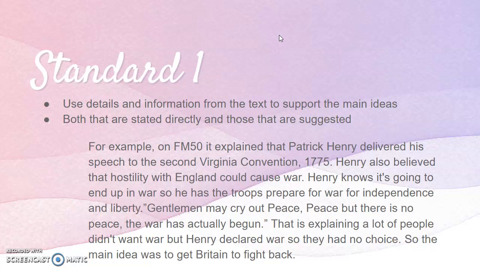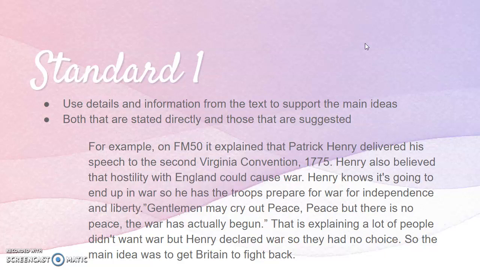So, for example, on FM 50, it explained that Patrick Henry delivered his speech to the Second Virginia Convention in 1775. Henry believed that hostility with England was going to cause war, and Henry knew it was going to end up in war, so he had the troops prepare for the war for independence and liberty.